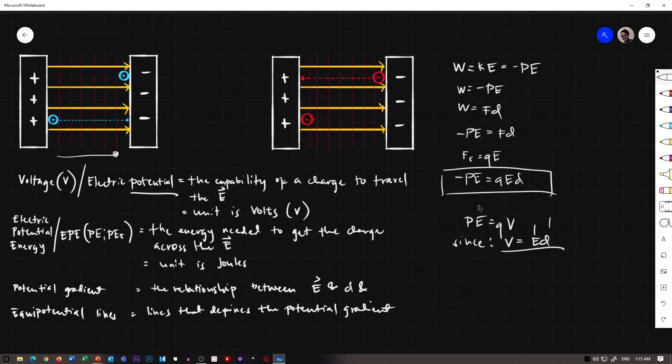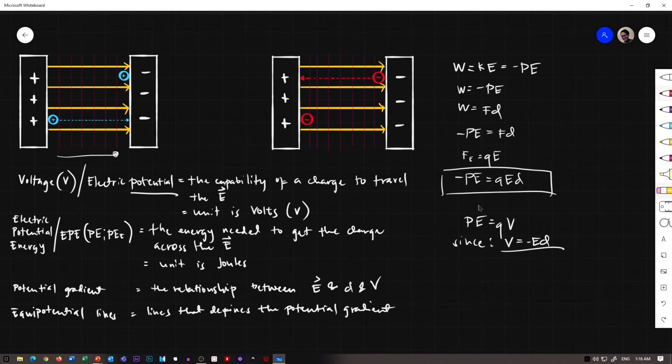This actually has a negative sign here because as you move closer and closer to the plate where it will be attracted, the potential gets weaker and weaker. Okay, let's say your voltage on this side is, let's say, 20.